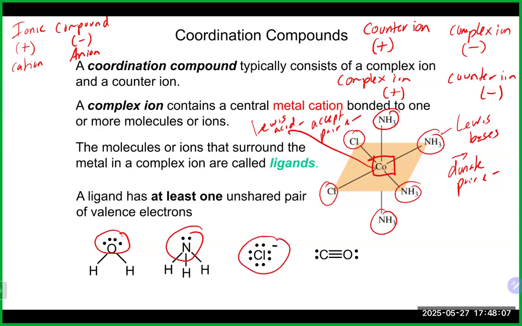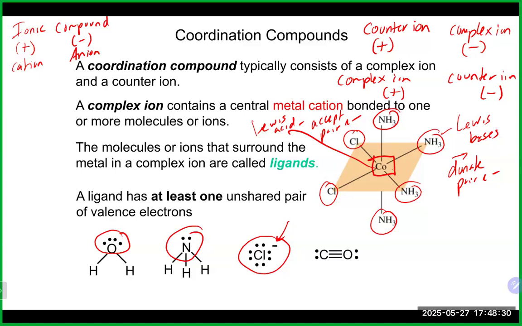Or something like chloride, right? The way you become negatively charged is typically you gained electrons, which means you're electron rich, if you will, right? So you've got extra electrons to give, which also makes it a very good Lewis base. So we have these Lewis acids and Lewis bases coming together to make these complex ions.